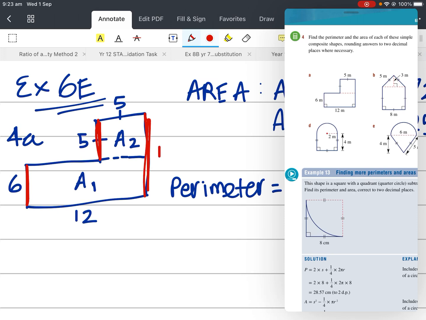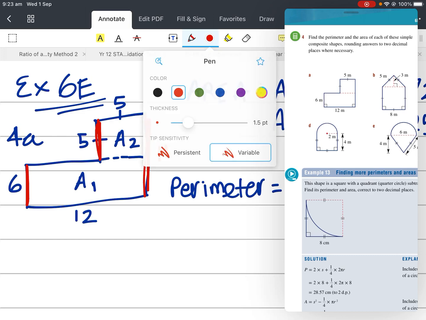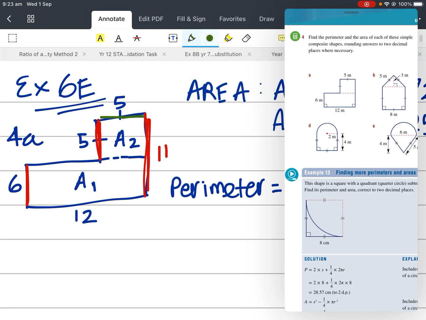So 6 plus 5 will give me 11. And I'll do this one in green, all horizontal sides should equal the longest horizontal side. So what plus 5 gives me 12? Hopefully you said 7.